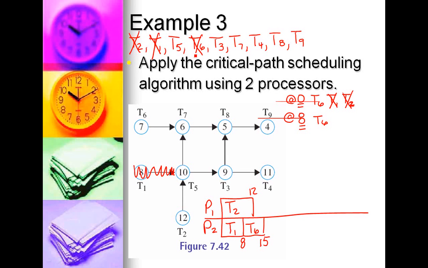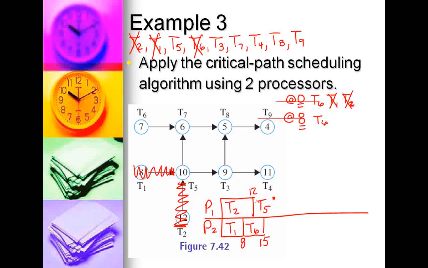So now we're looking at the 12-minute time slot where T1 and T2 are both finished. So that makes T5 ready, and that's our only ready task. So we put in T5. T5 has a length of 10, so that takes us out to 22.